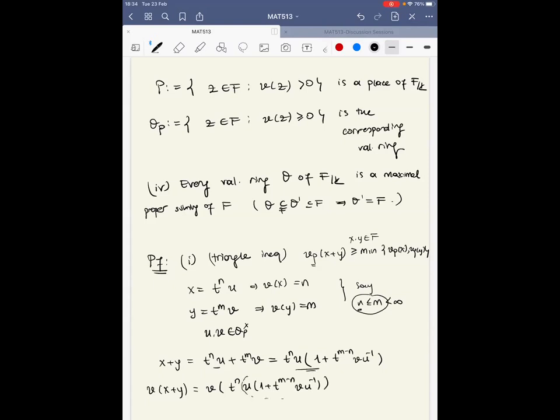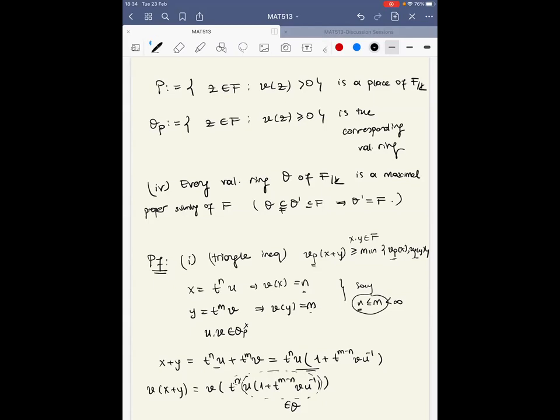Note that if this element in O has positive discrete valuation, then this is bigger than or equal to N, and N actually gives us the minimum of V_P of X and V_P of Y. If this is a unit, we will be fine, but if it is not a unit, we need to show more.